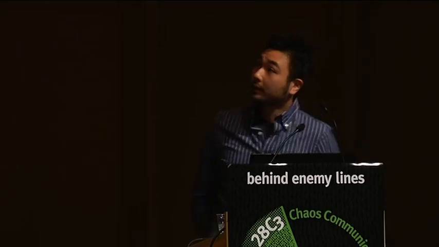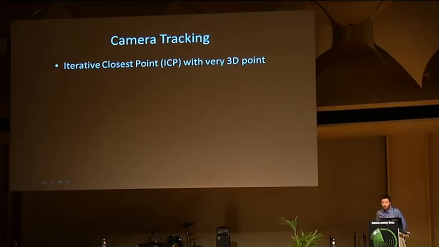ICP stands for Iterative Closest Point, and it is typically used in 3D scanning applications to align multiple overlapping point clouds together. So, for example, if you have a number of independent scans of different areas of a large object, using ICP, you can align them together to build up a bigger point cloud where all the independent scans are aligned.